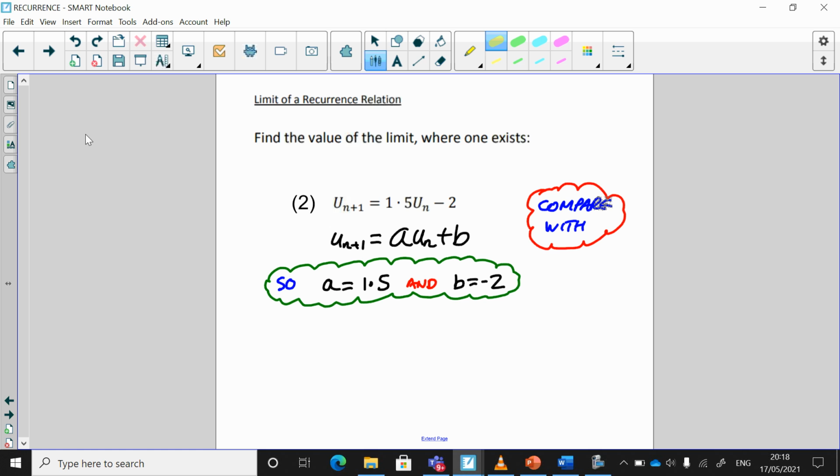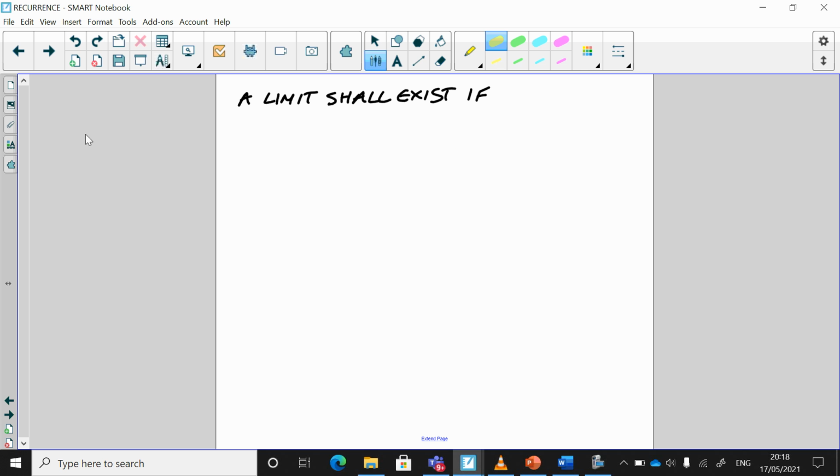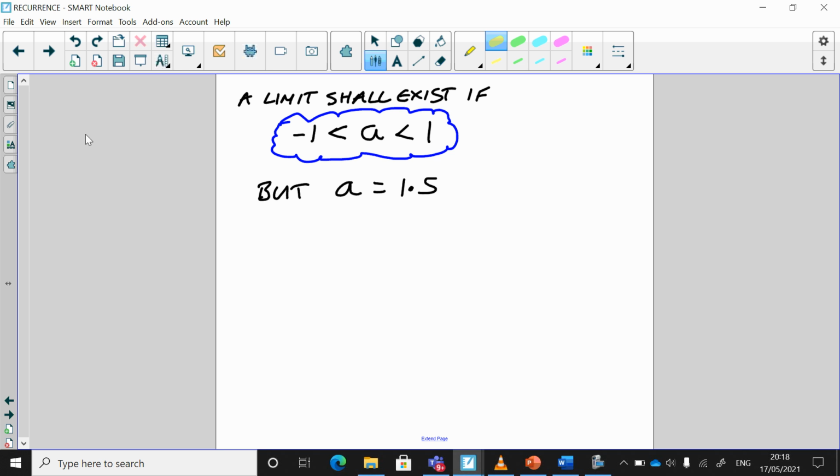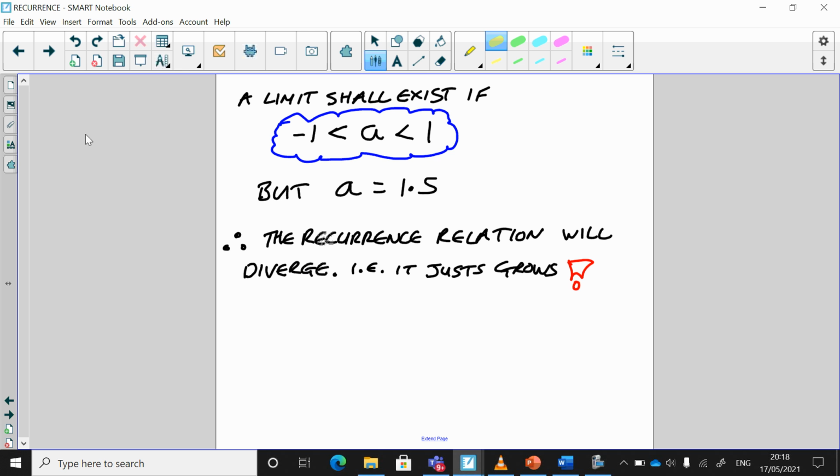And b will come into it if we do have a limit, if a limit exists. There we go. We're going through the same scenario here. A limit's going to exist if a lies between -1 and 1. But for us, a is 1.5. It does not lie in that zone. Our recurrence relation will diverge because it's not in that zone.